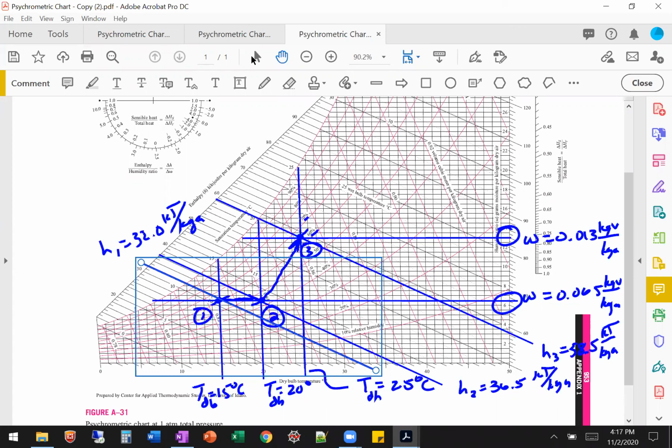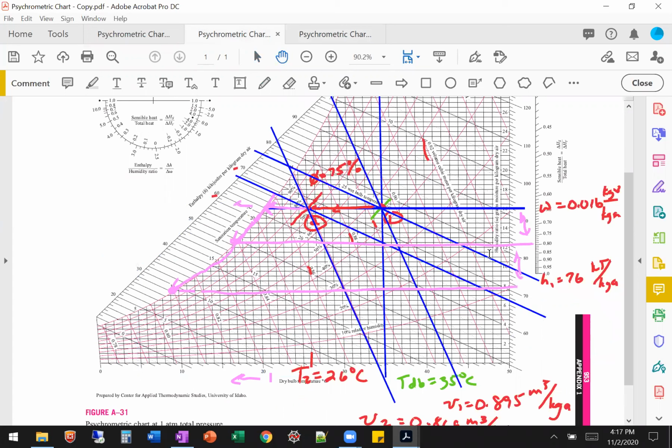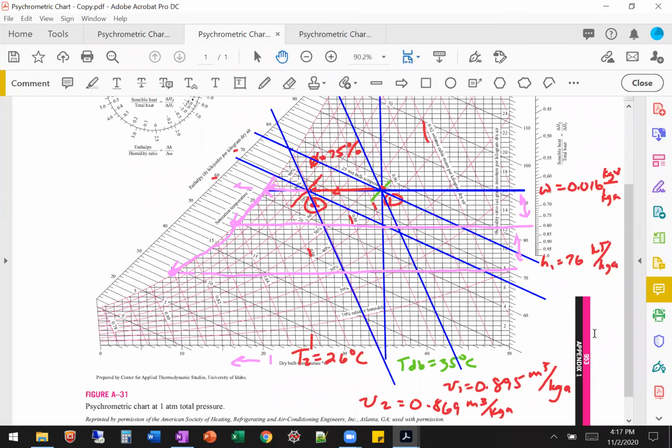Can you show the last chart that we did for the last problem? This one? I have a lot of extra lines on it, but yeah. I was just screenshotting it to look at it later. In this one, we go from 1 to 2, from right to left, because we're cooling, right? If we kept cooling, we would have dropped out some water and had our specific humidity somewhere around here.